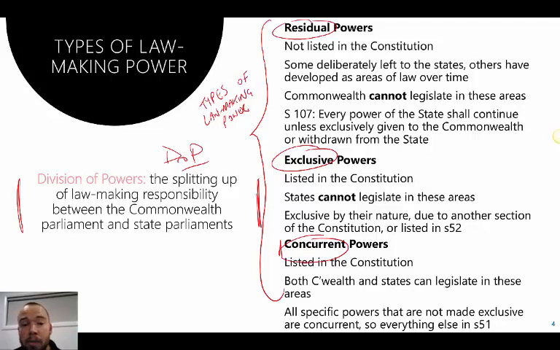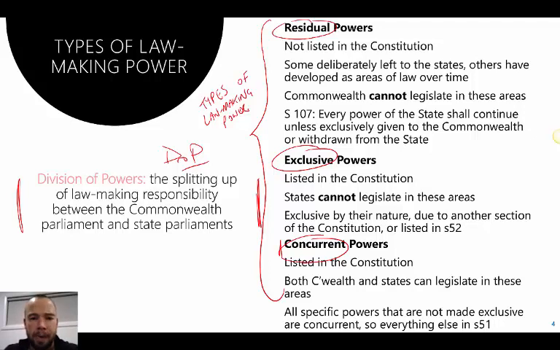So an area might be criminal law, or an area might be family law, marriage law, etc. So these are types of lawmaking power, so residual powers, versus areas, which are specific things that laws will be made about.